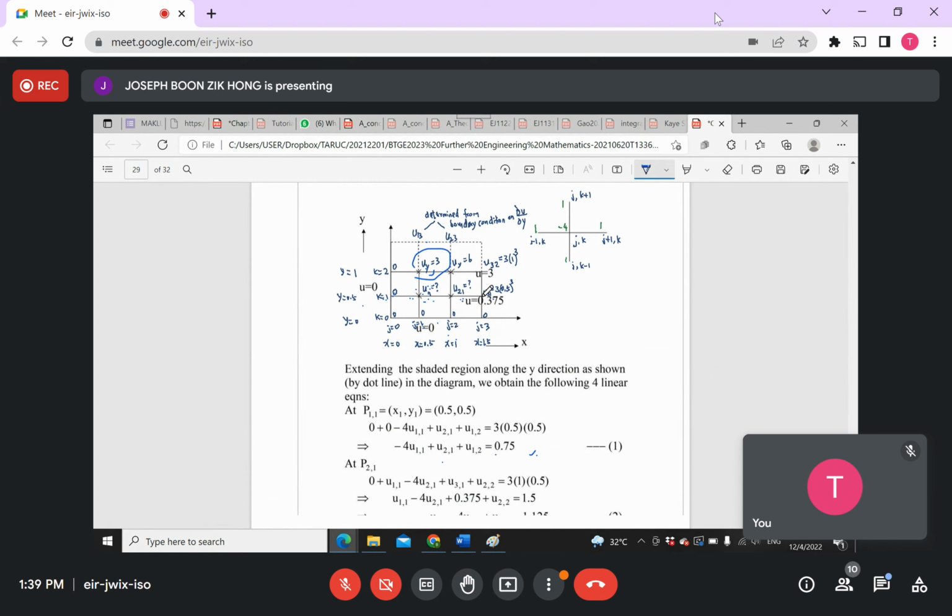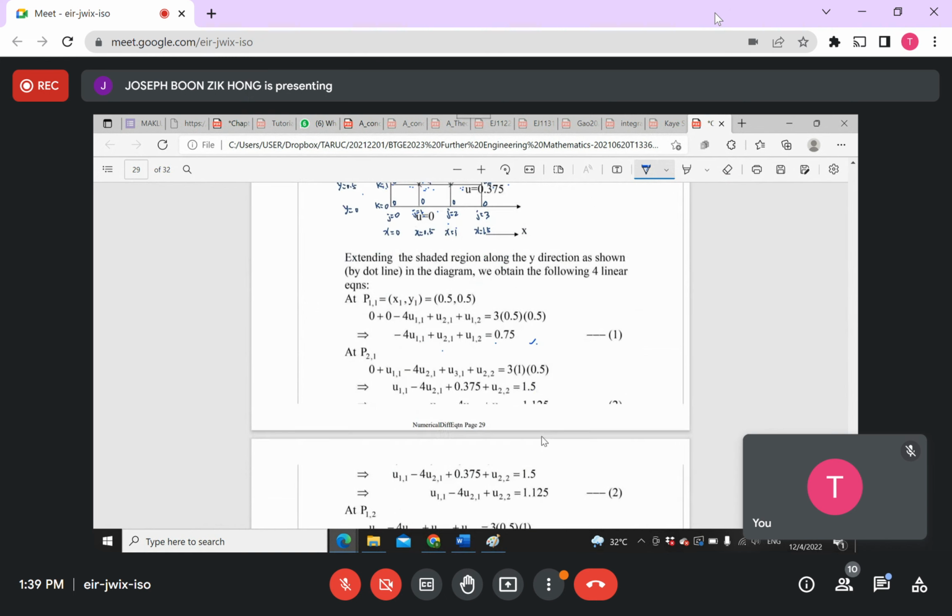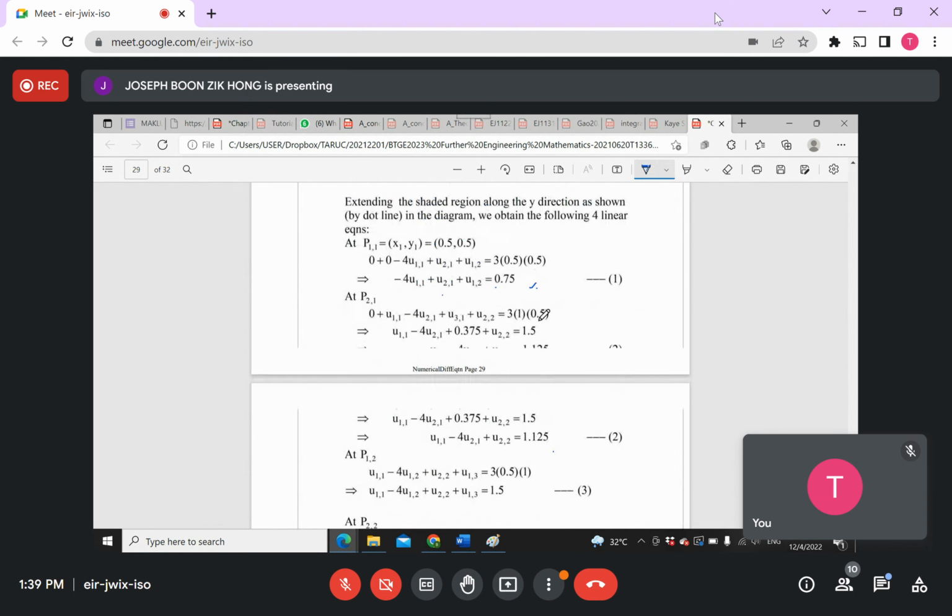And then for U21 also the same. I need the U11. This one is 0. This one I can calculate, and I need this one U22. So I will leave U22 inside my equation. So now I have two equations, but I have three unknowns. So that means I cannot do it. I have three unknowns, but I have two equations, so it is impossible to get the solution there.